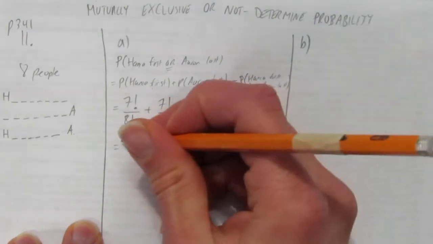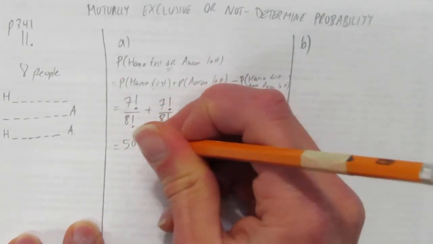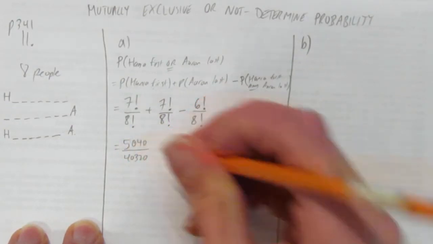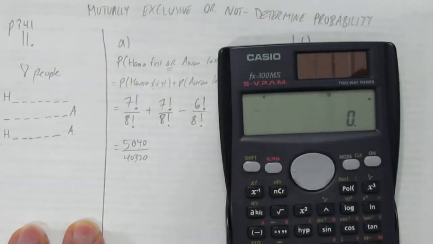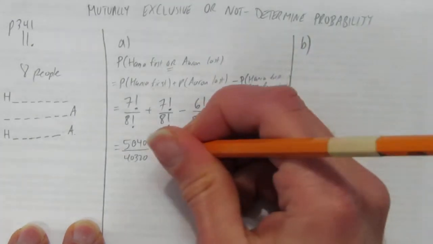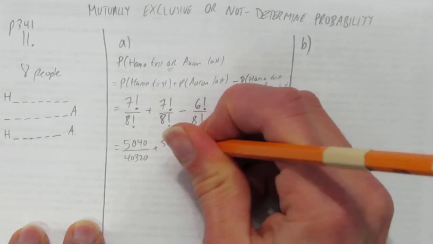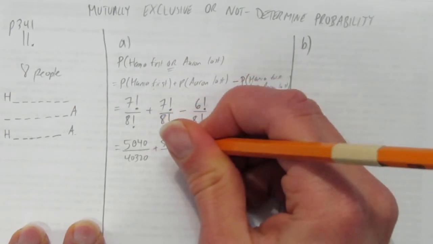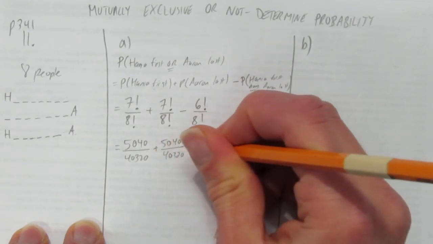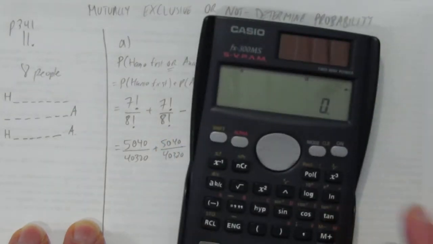Just by doing it so much, it's 5,040 over 40,320. Let's check it just to be sure. What's 8 factorial? Yeah, 40,320, plus another 7 factorial, which is 5,040, over 8 factorial, minus, and again 6 factorial, you might have it in your head.